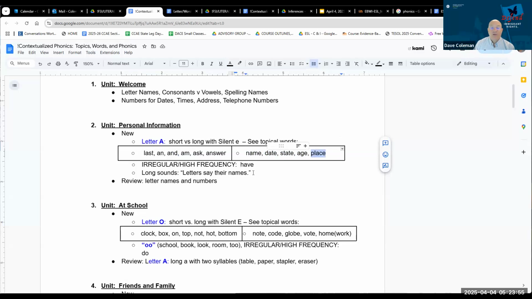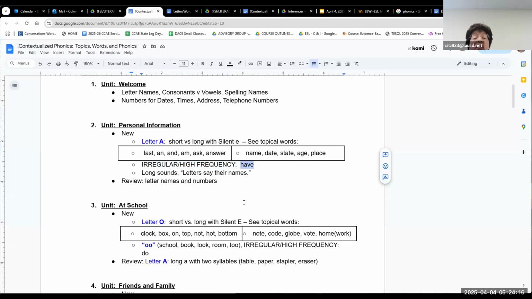Now, we are also going to share some irregular high frequency words. A lot of people call these sight words, so that immediately when you see them by sight, you know how to say them. And that's just repetition. But the thing is, they're irregular. So if we're following the silent E rule, what should this word sound like? How do you pronounce it? Have.